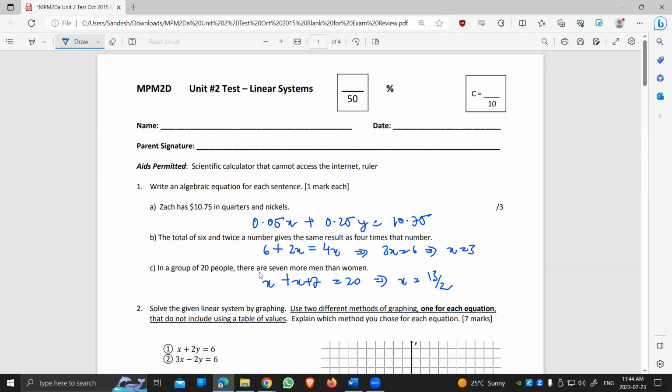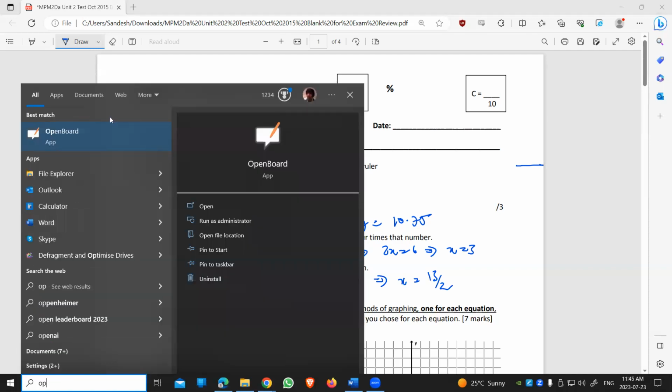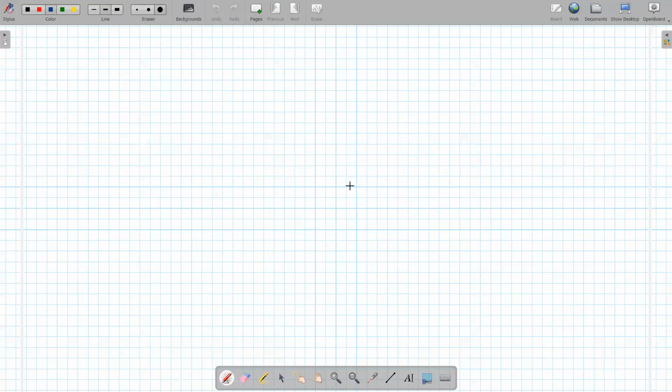Let's try this. This may be a little bit of a fun exercise for us. Is it even possible? So there's 20 people. And remember, men always has to be 7 more. So what are we doing here?